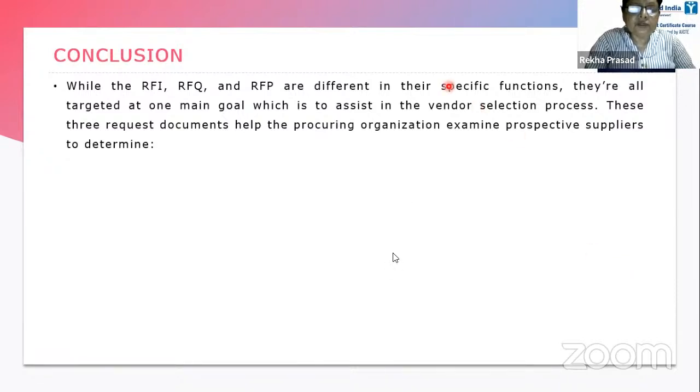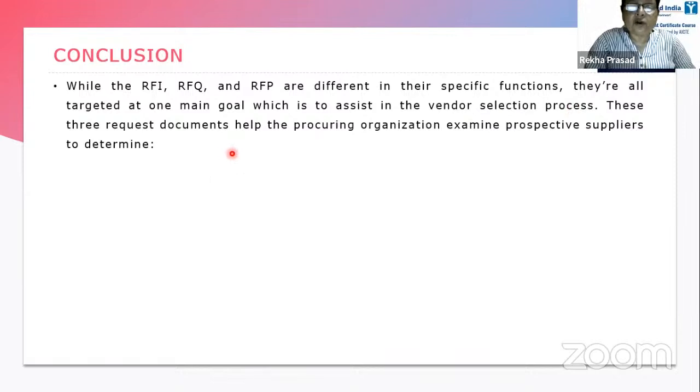So in conclusion, we can say while the RFI, RFQ and RFP are different in their specific function, they are all targeted at one main goal, which is to assist the vendor selection process.